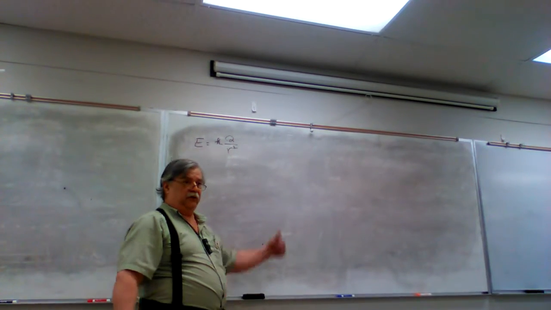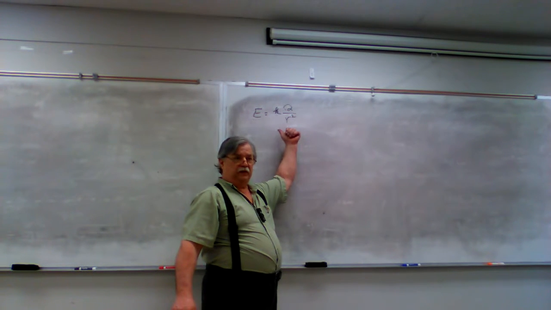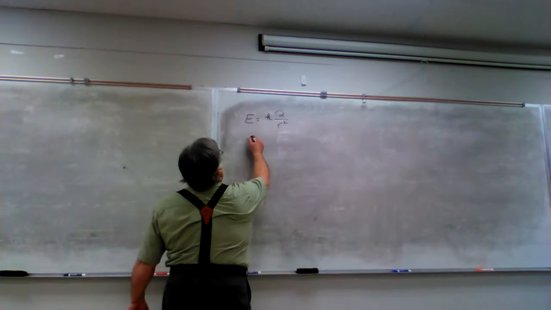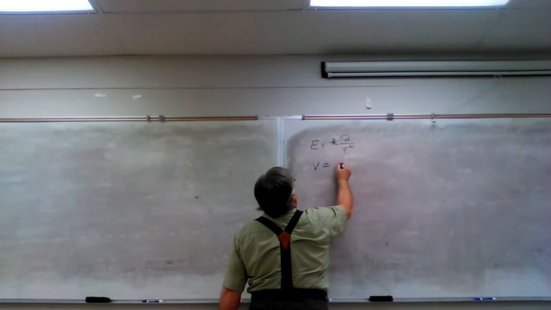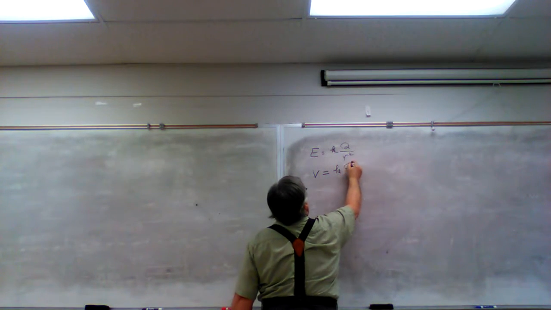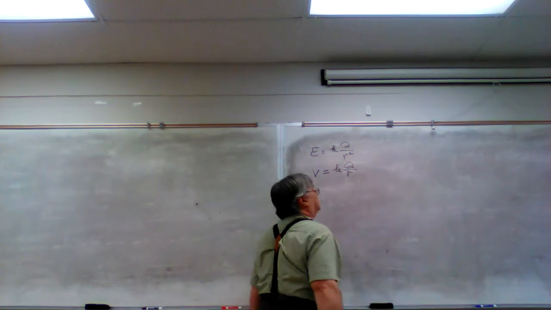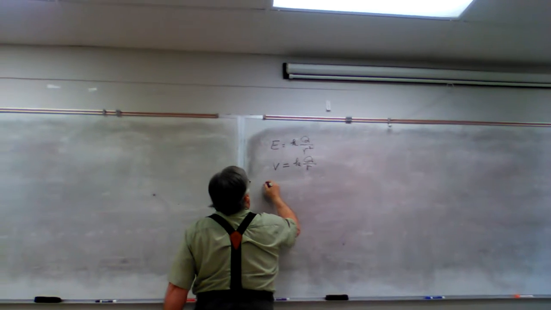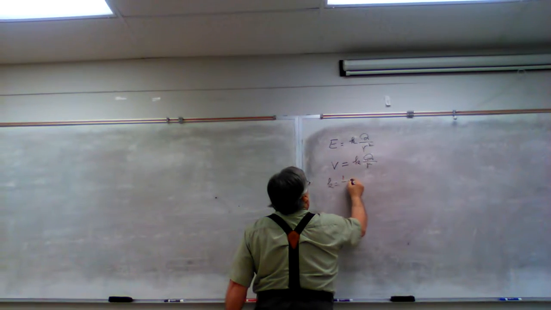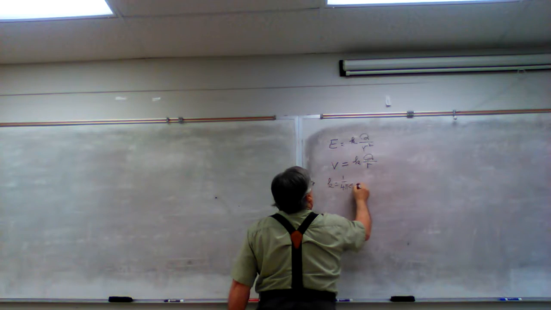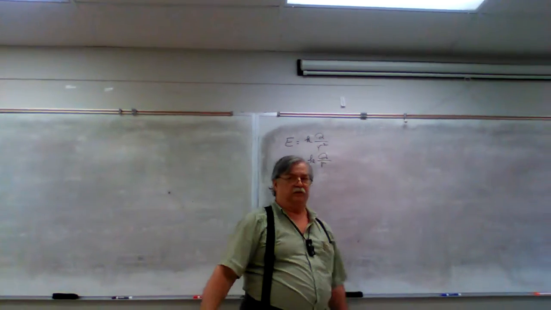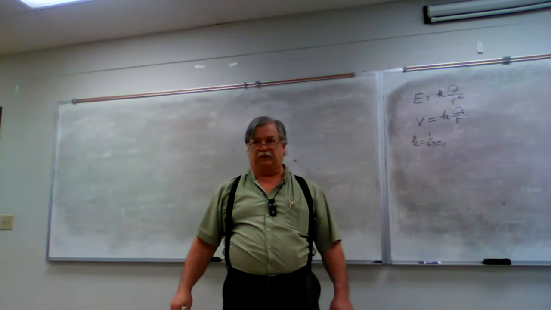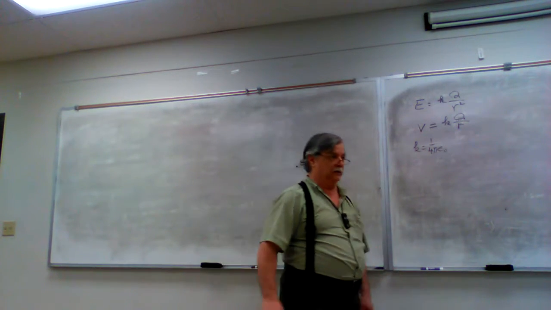That gives you the E field is K times Q over R squared, the distance squared. Whereas the V, the potential, due to that same point charge, is just K times Q over R. You will also find it written as 1 over 4 pi epsilon sub naught times Q over R. But 1 over 4 pi epsilon sub naught is equal to K.